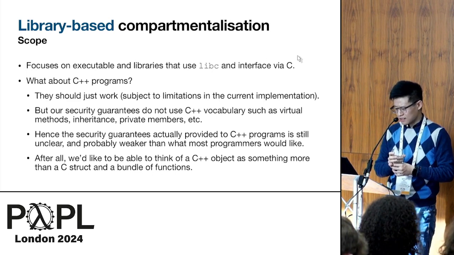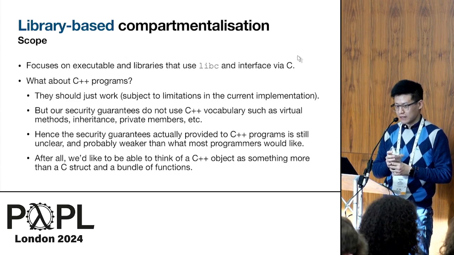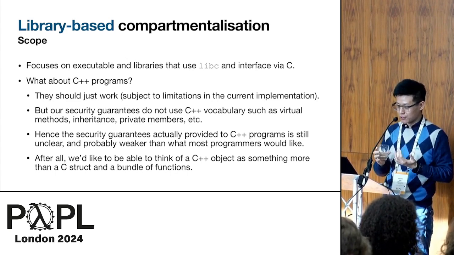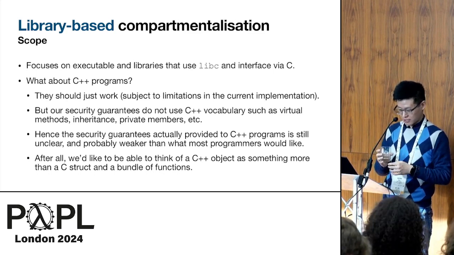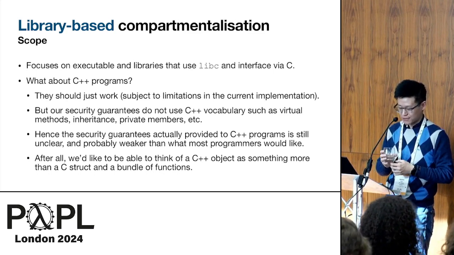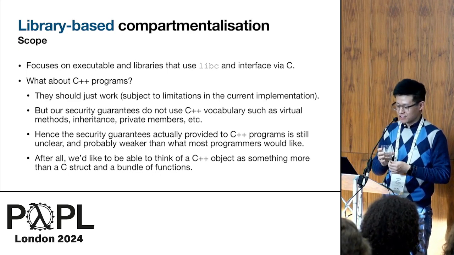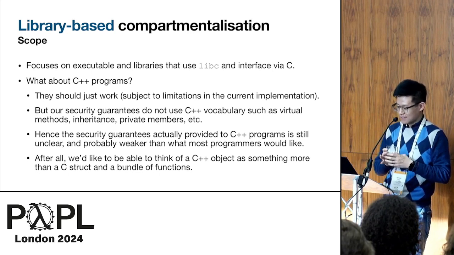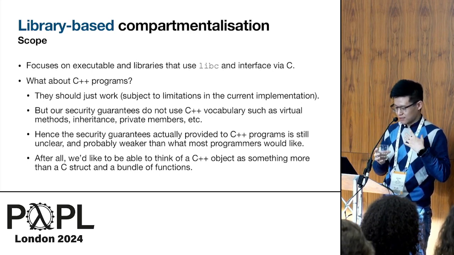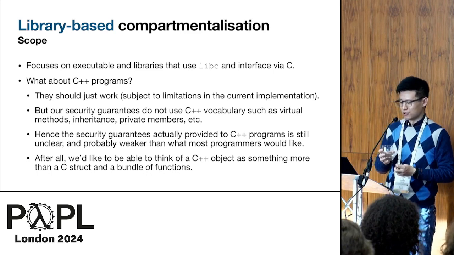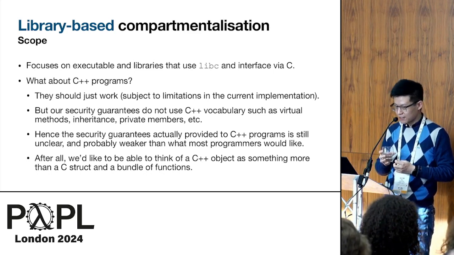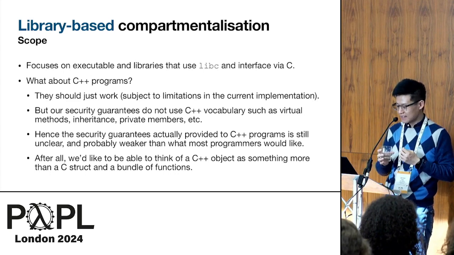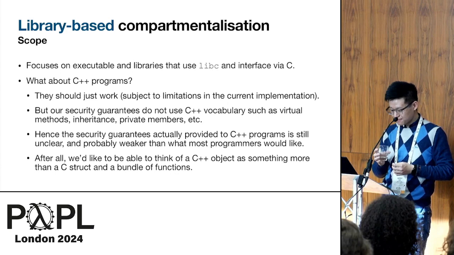The harder question is what security guarantees we can provide to C++ programmers, because the security vocabulary that we use does not include C++ concepts such as virtual methods or inheritance or objects. We are just talking about functions, memory buffers, and pointers. We don't talk about C++ things, so it's unclear what the security implications would be for C++ programmers.